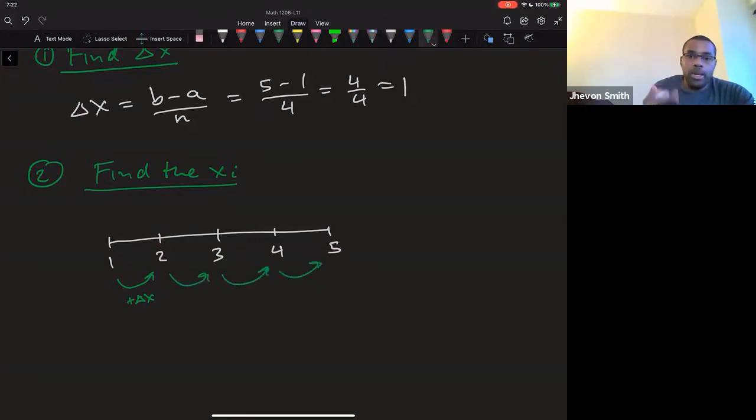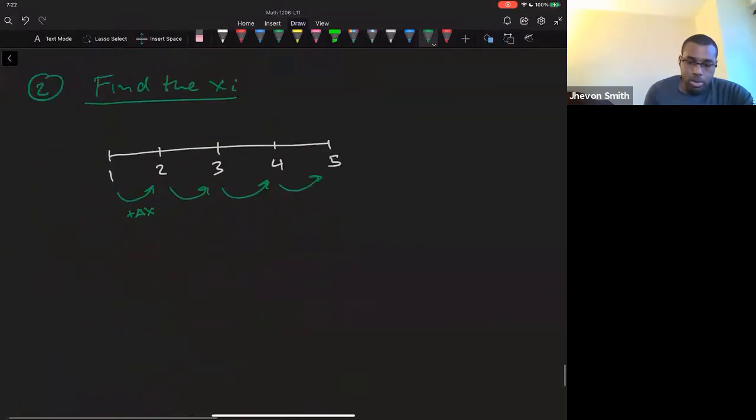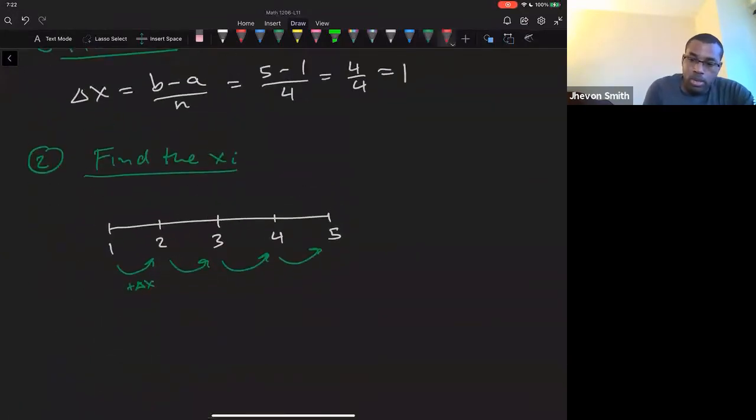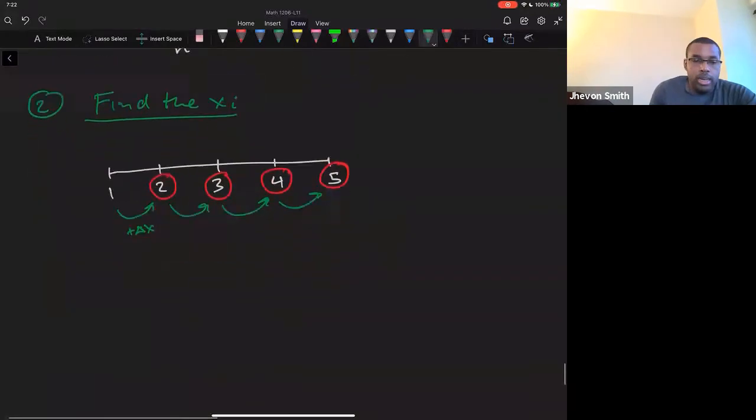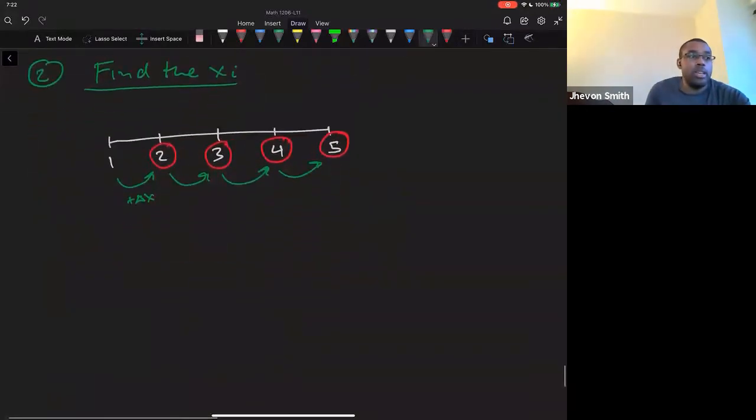And then now I pick the ones I want. Because I'm doing the right-hand endpoints, on each subinterval I'm going to pick the right side. So everyone gets chosen except the one far on the left, because everyone else is going to be the right side of some subinterval. And so now I can finally plug in and evaluate my Riemann sum.